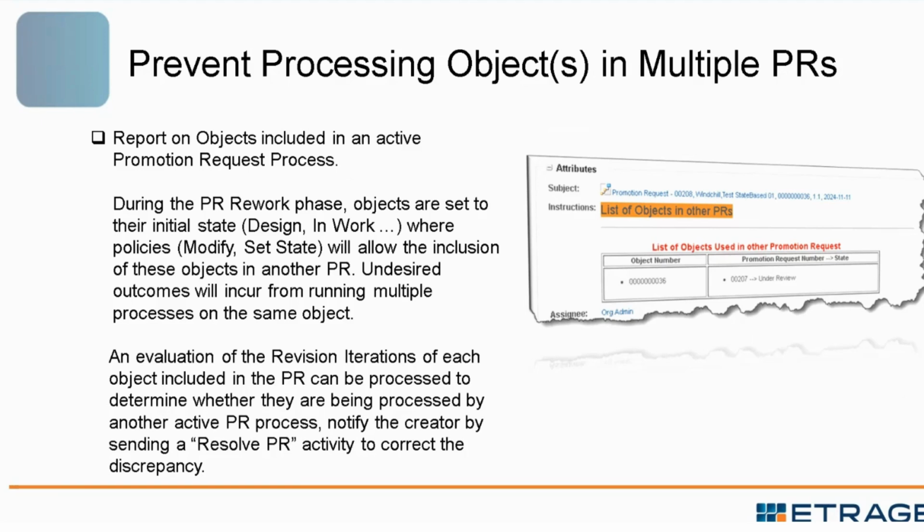The problem is that when approvers send the PR workflow to the initiator with a potential rework task, the promotion request will take these objects and set them back to the initial state that they were promoted from.